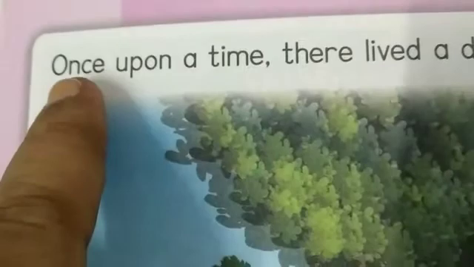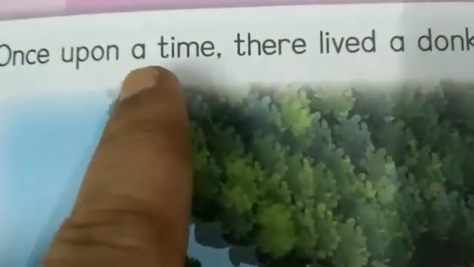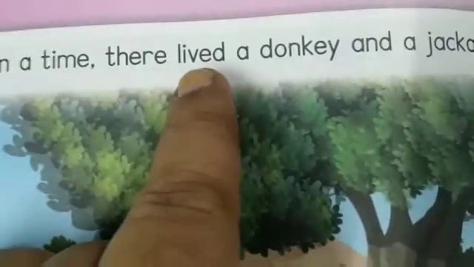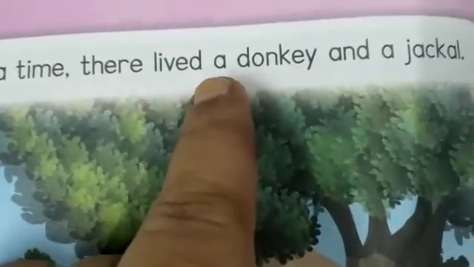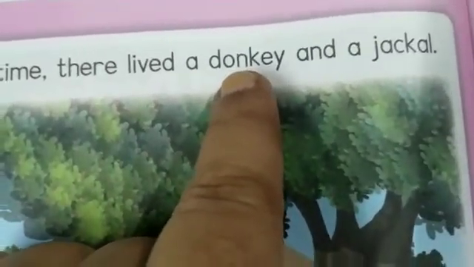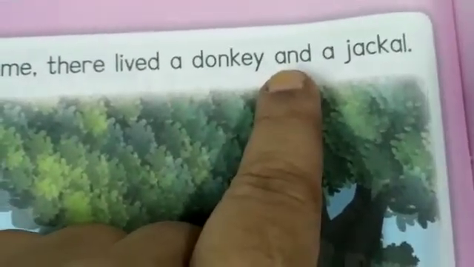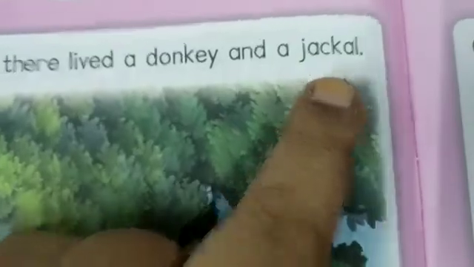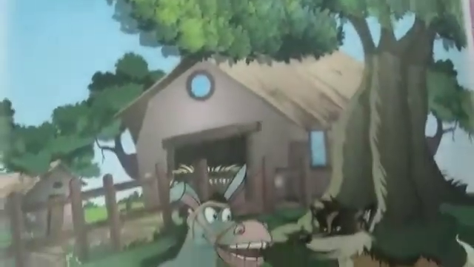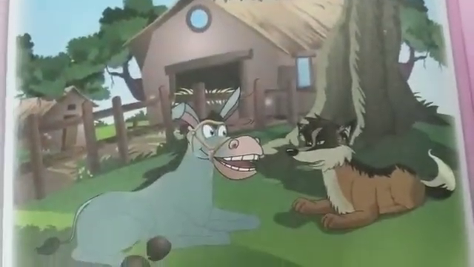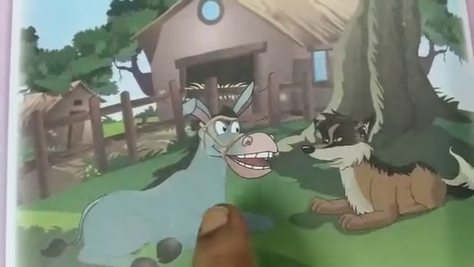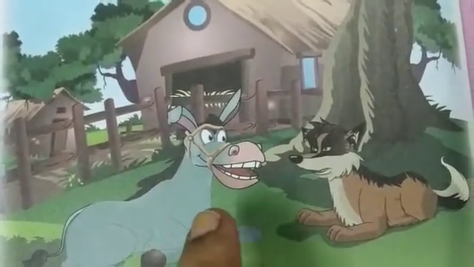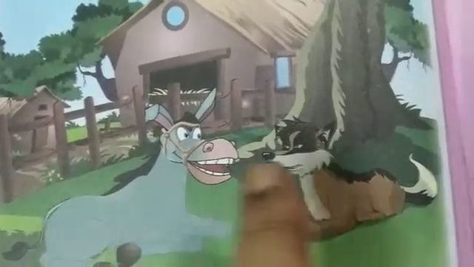Once upon a time, there lived a donkey and a jackal. Children, can you see the picture? Yes. Now you tell. Once upon a time, there lived a donkey and a jackal.